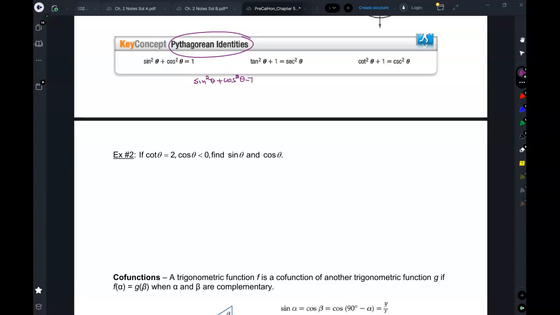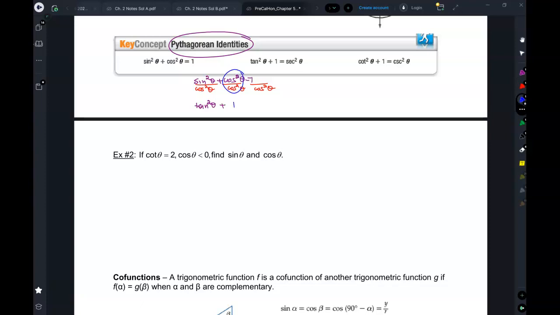Now, just for fun, just because I can, I'm going to divide through by cosine squared theta. You know why? Because I can. What happens when I do that? Here I have sine squared over cosine squared. What's sine over cosine? Tangent. Sine squared over cosine squared is just tangent squared theta plus, what does this give me?